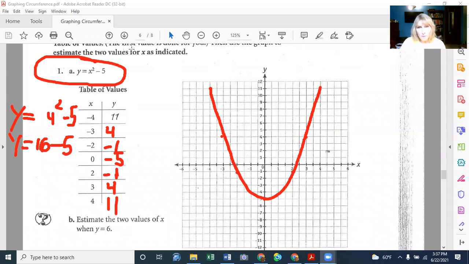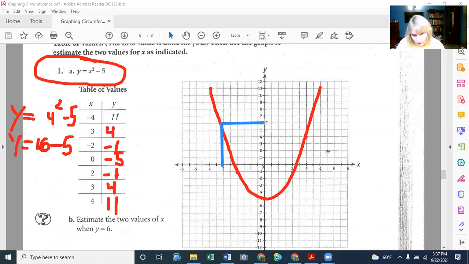Okay, and then B says estimate the two values of x when y equals 6. So we use our graph. We find 6 on the up and down, the y, and they say let's estimate what x is. If we go across to where we hit the line, and then go straight down to see what we hit, approximately hitting 3, aren't we?